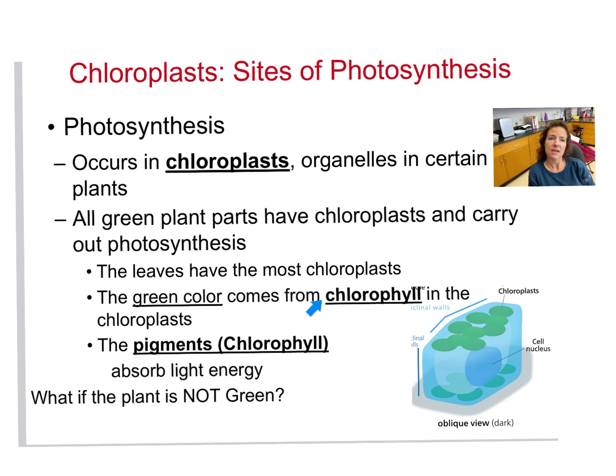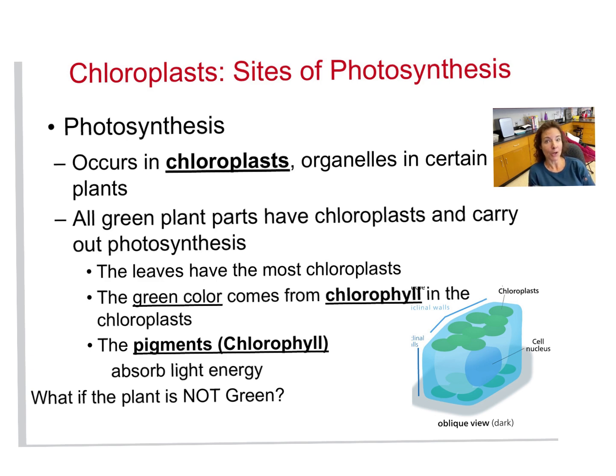So what happens if our plant is not green? Basically, it still has chloroplasts, but the pigment that's in the chloroplast is a different kind of pigment. So for example, there's reds and oranges. All of these are different pigments of colors. Orange is actually a pigment called carotene.